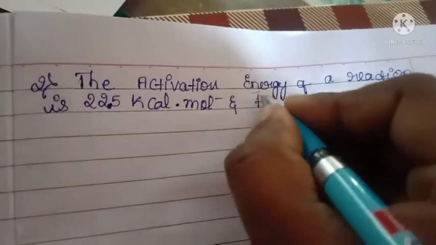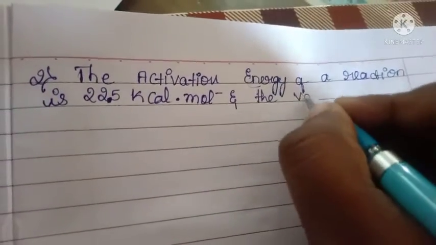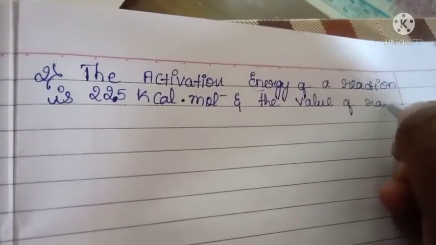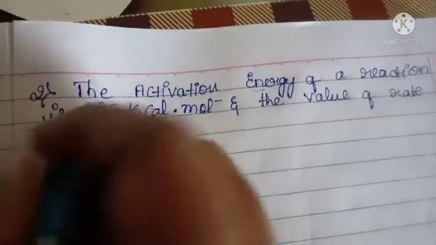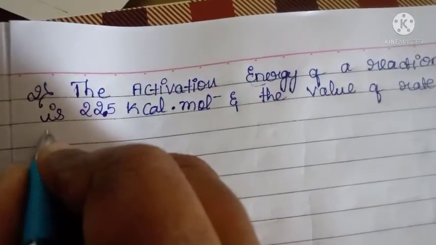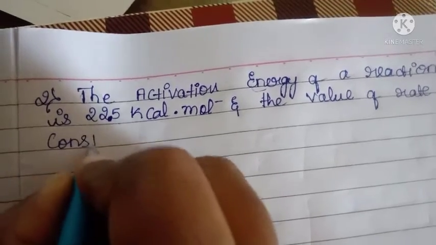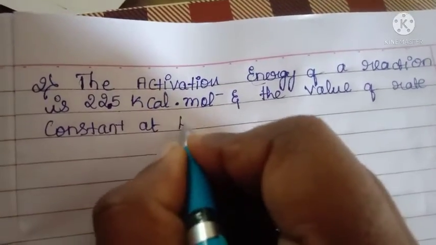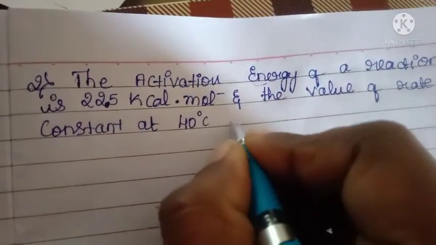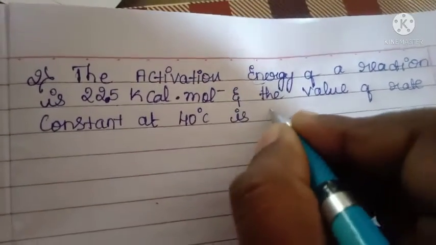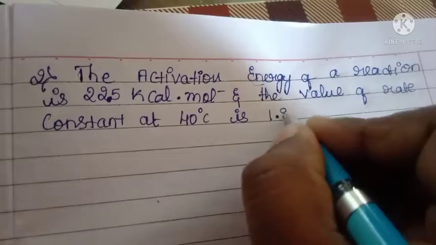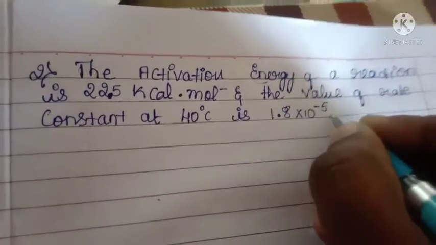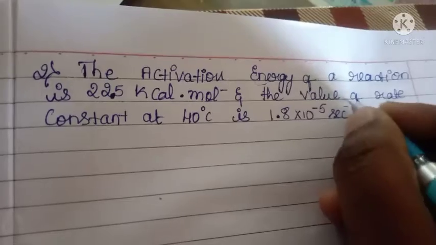the value of the rate constant at 40 degrees Celsius is 1.8 into 10 to the power of minus 5 second inverse.